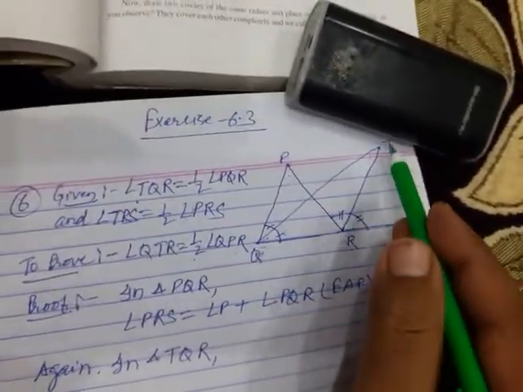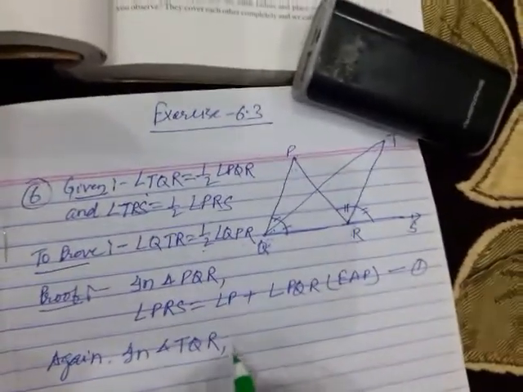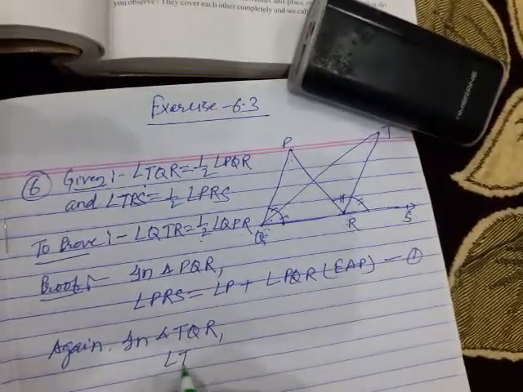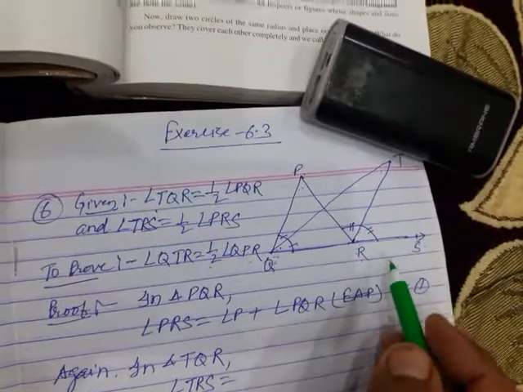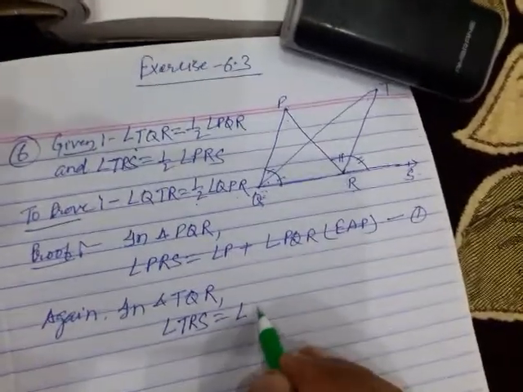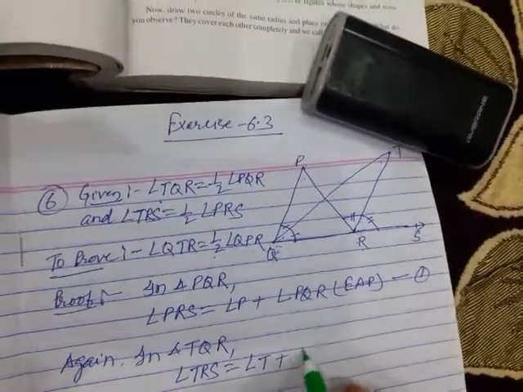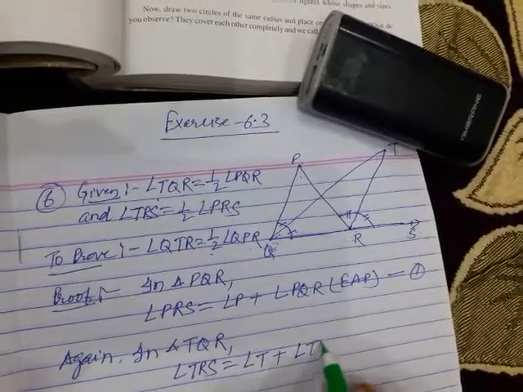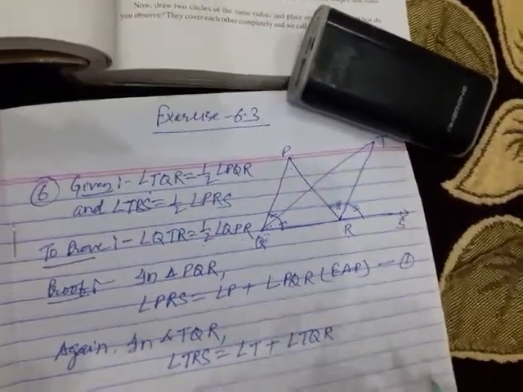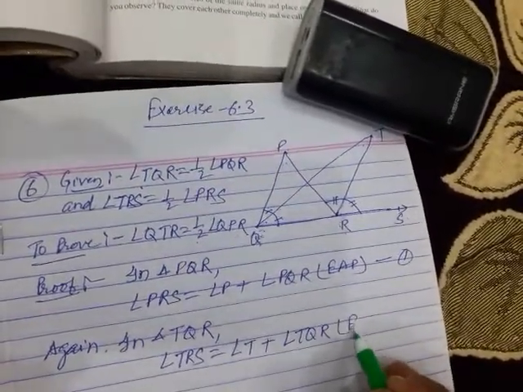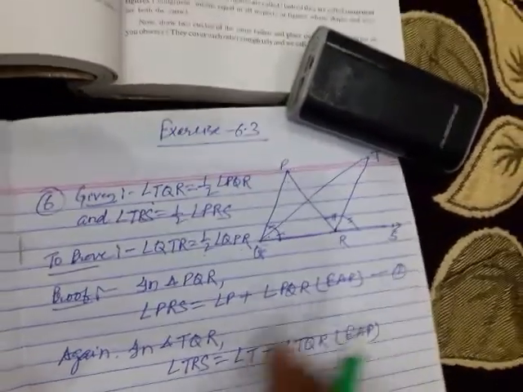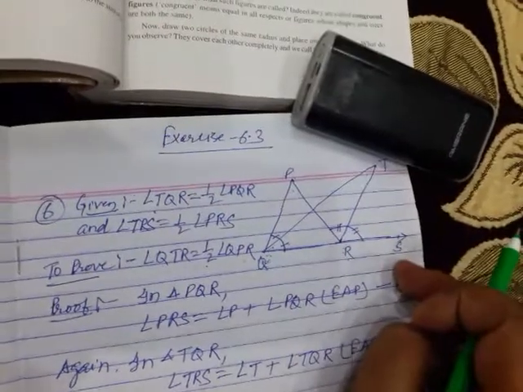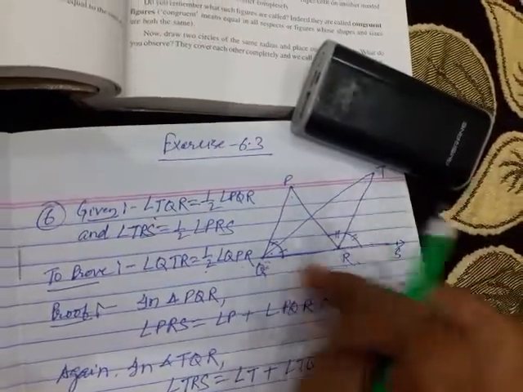Angle TRS is an exterior angle, that is angle TRS equals angle T plus angle TQR. This is again the exterior angle property used. Angle TRS equals angle T plus angle TQR.